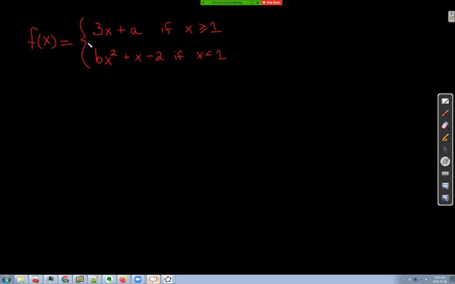So, all right, we've got a piecewise function here, but it's got some unknowns in it. It's got this A and this B that I don't know.